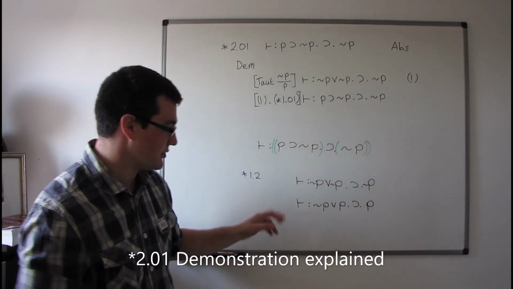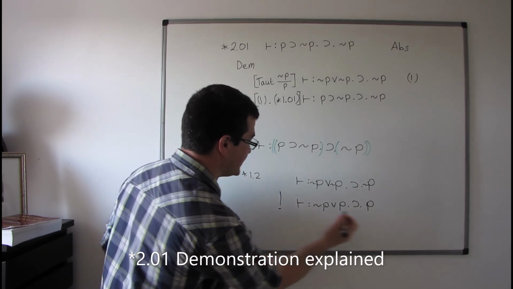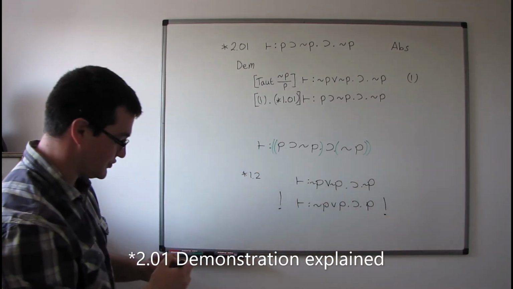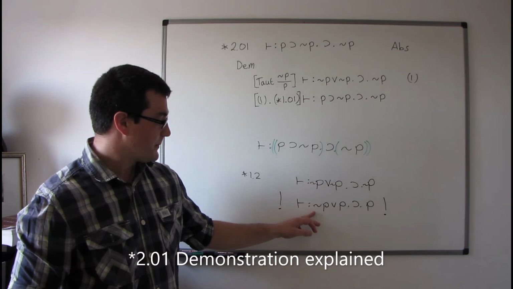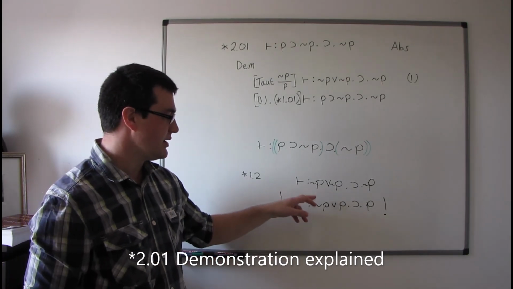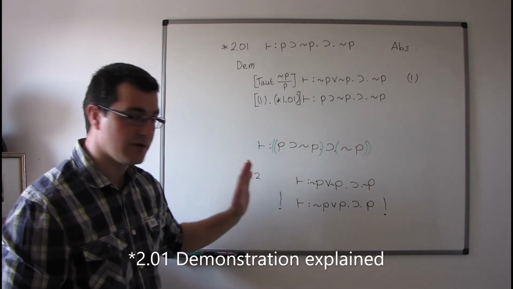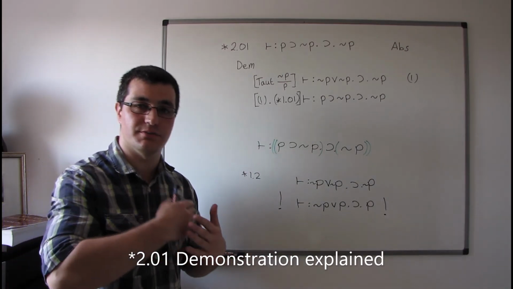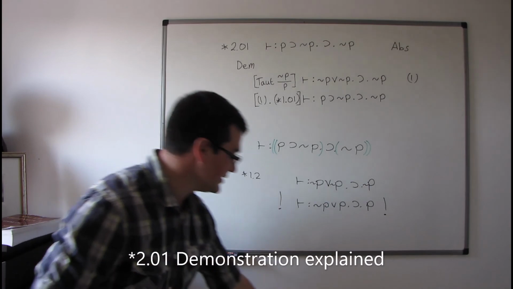In fact, it's probably not even true, so I'm going to put some exclamation marks around that because it's not necessarily even true. I've made the error here of only substituting one of the P's with not P. If I'm going to replace P with not P, I've got to replace all of the P's with not P.